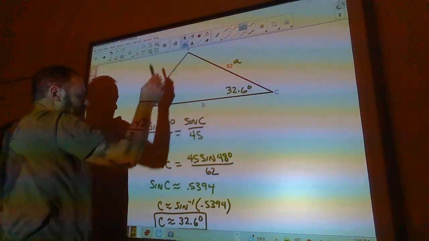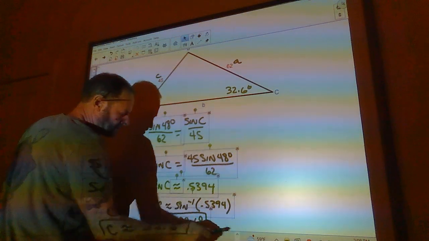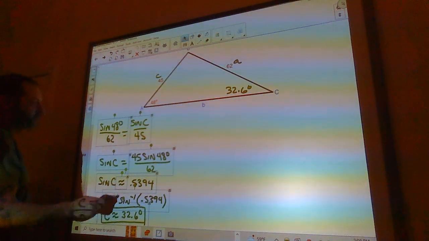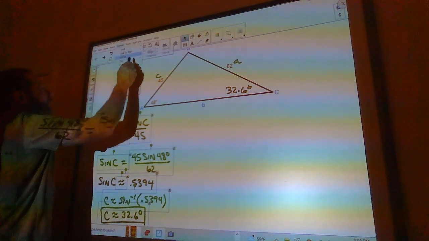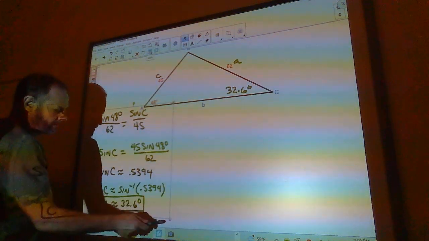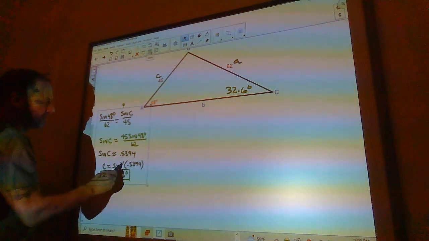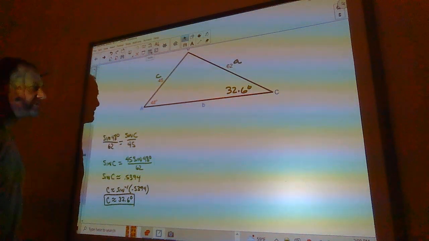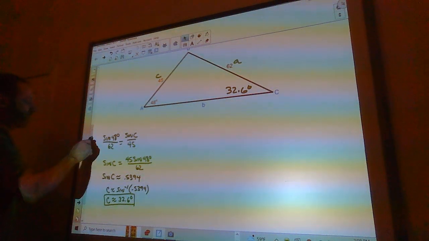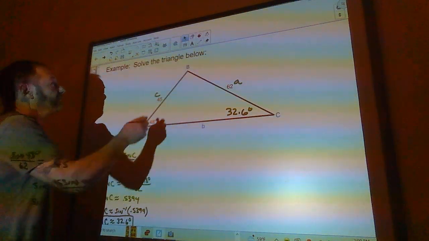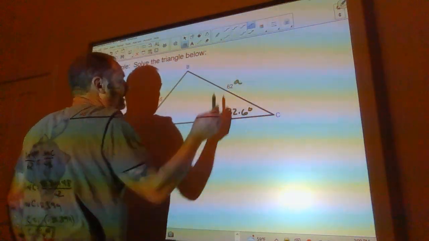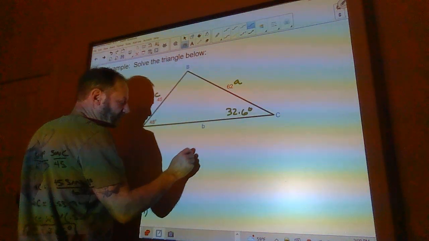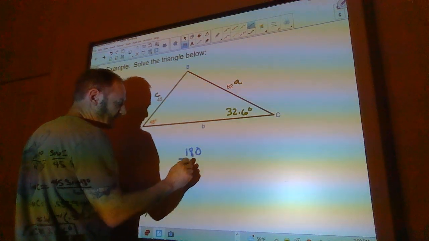Okay? Now I did all this work to find angle C. There's angle C. Now I'm going to find angle B. That's going to be really easily done because there's 180 degrees in every triangle. So I'm going to take away 48.